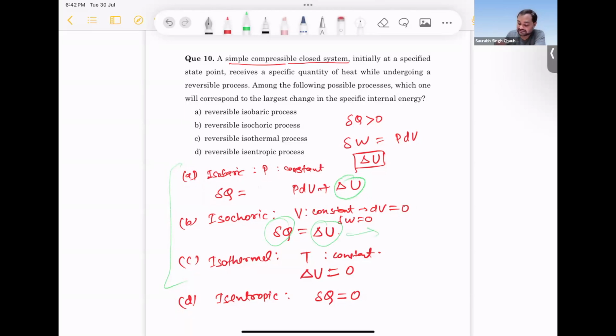In the third part, internal energy is not changing at all. So the isochoric process will have the maximum change in internal energy, because there is no work done, and whatever is given as heat is converted into internal energy and temperature will be increased.